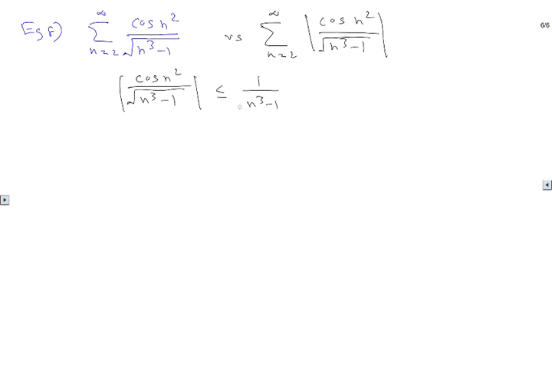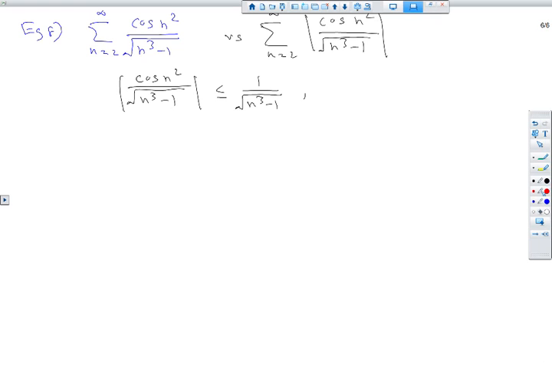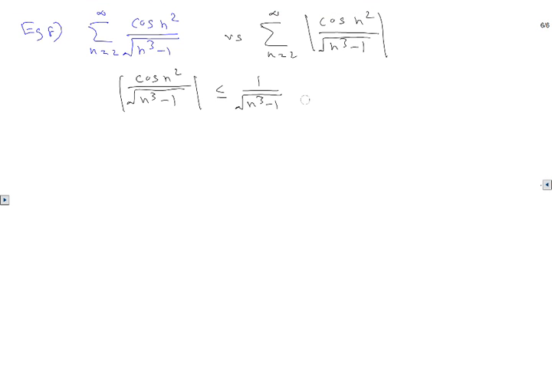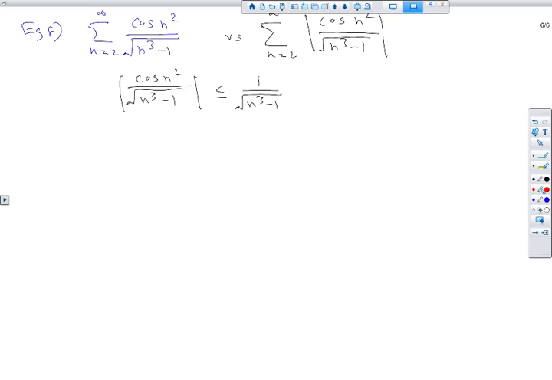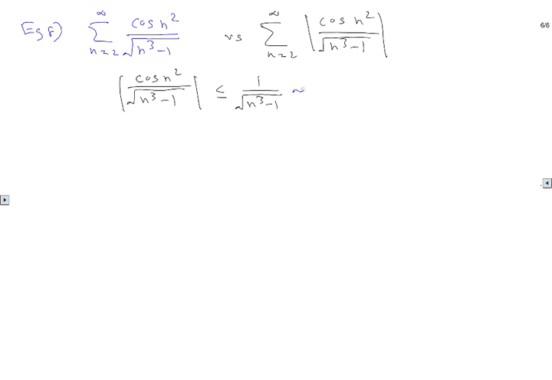I don't write the absolute sign anymore because this is positive. We start with 2, though you could start with 1 because it gets 0. And you can see that this almost looks like 1 over n to the 3/2, because you look at the dominating terms. So it's a p series.